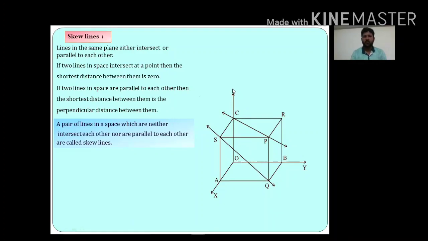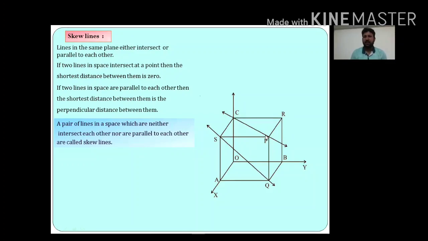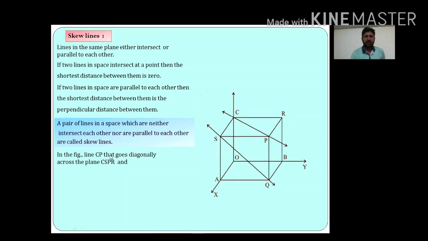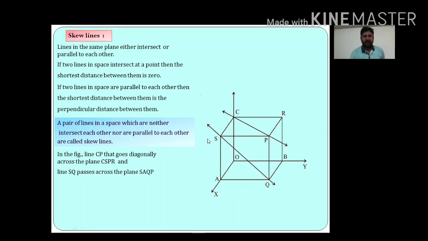Lines SQ and CP are not from the same plane, and lines CP and SQ are neither parallel nor intersecting. Hence, in the figure, CP crosses diagonally in the plane CSPR, and the second line SQ passes across the plane SAQP.